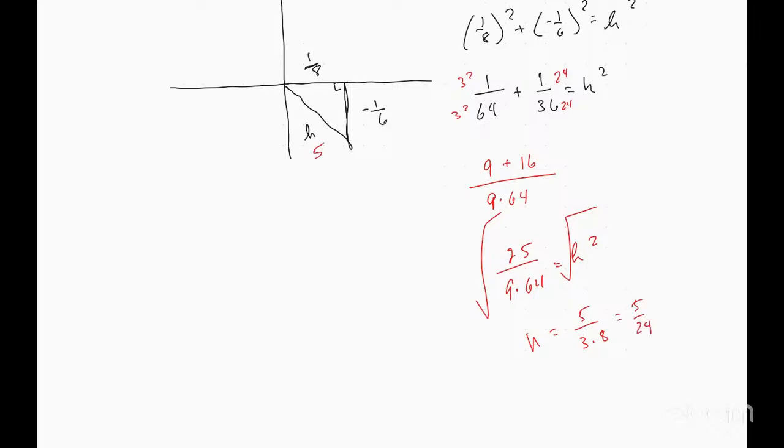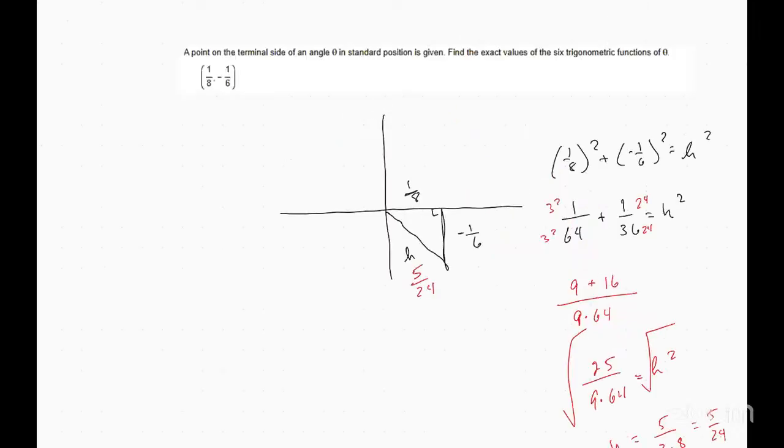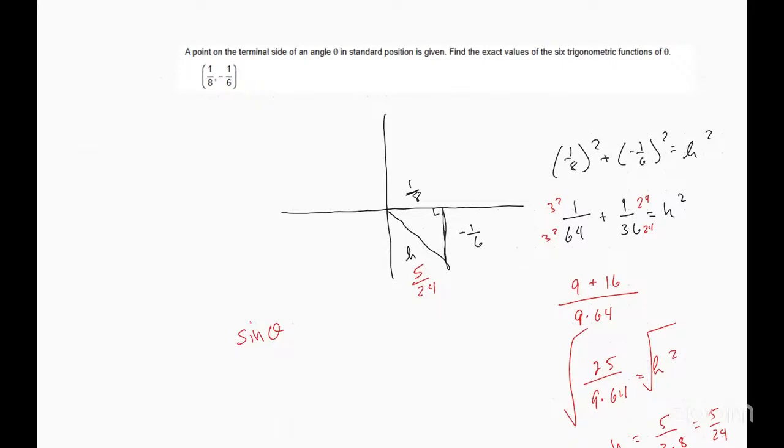So the sine of that angle, this is your angle there, would be the opposite, -1/6 over the hypotenuse, 5 over 24. So multiply by the reciprocal, cancel out. So that's 4. So -4/5, right?